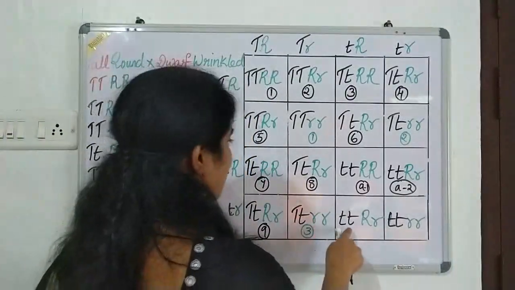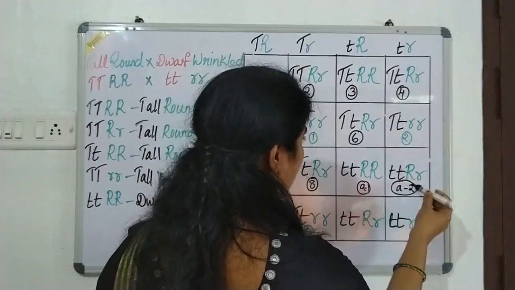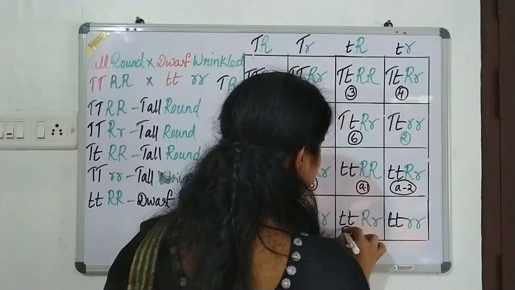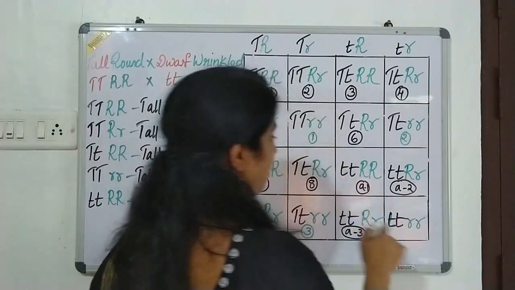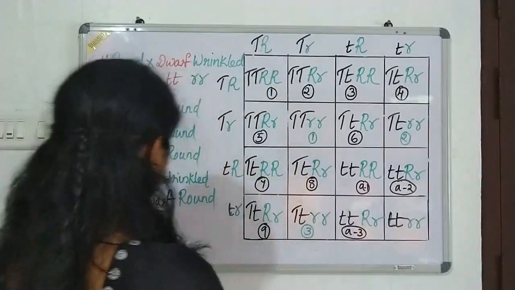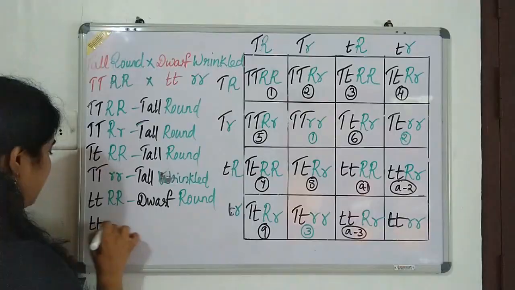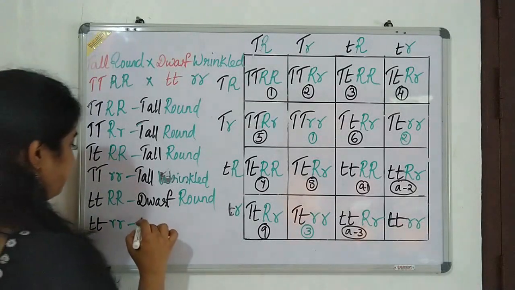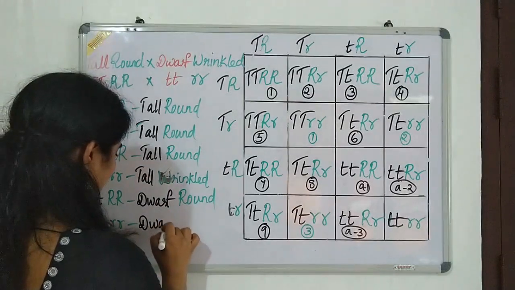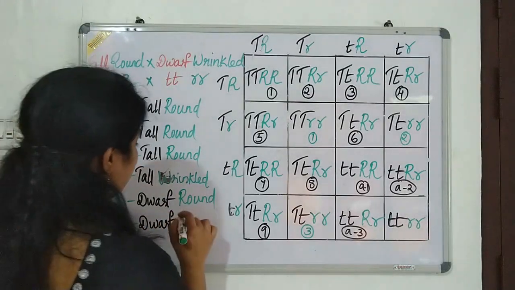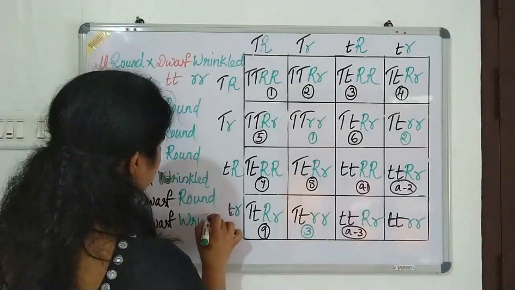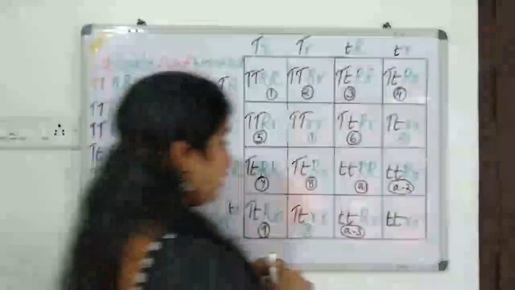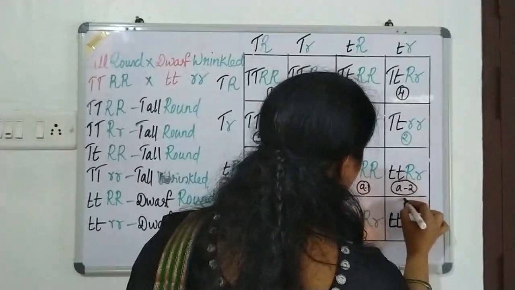This is what? Dwarf, round. How many have written dwarf, round? Yes, A3. Okay. Then what is this? Capital T, small r, small r. What is that? Yes, dwarf, wrinkled. Dwarf, wrinkled, that is only 1.